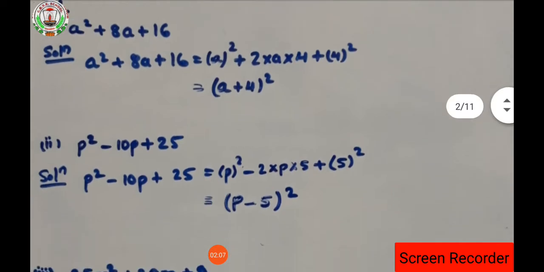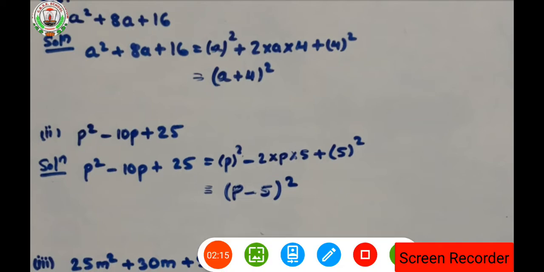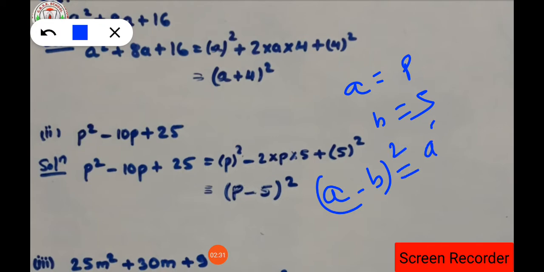Clear everyone? In the same way, p square minus 10p plus 25 is there. In place of a we are having p, in place of b we are having 5, because 5 into 5 is 25, isn't it? Since minus 10p is there, that means the a minus b the whole square formula is going to be used, that is a square minus 2ab plus b square.